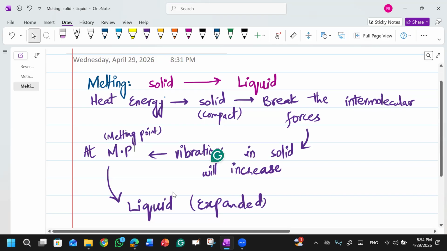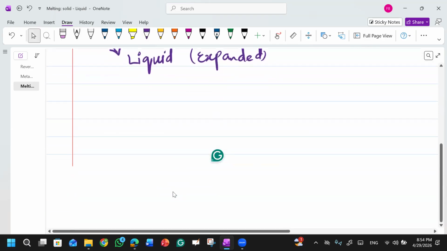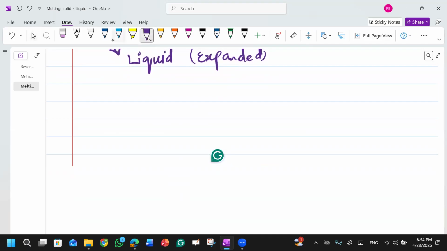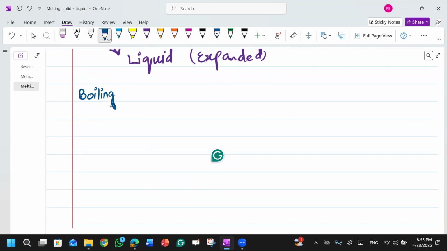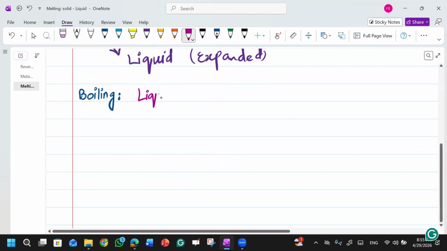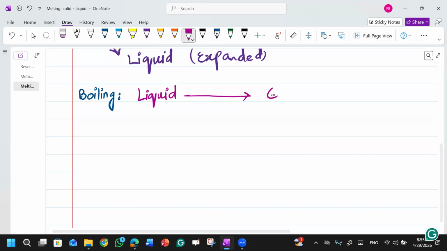Similar is the case for liquid to gas. You have boiling. In boiling, there is liquid, and then this liquid will be converted into gas.